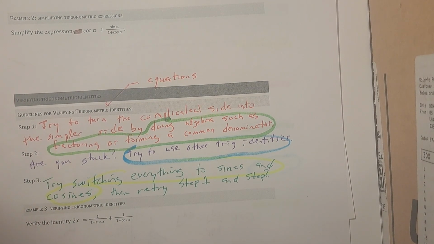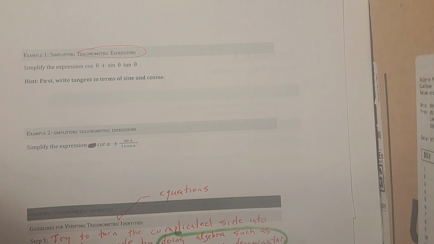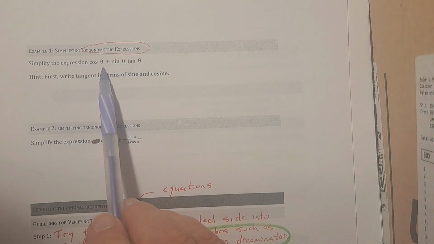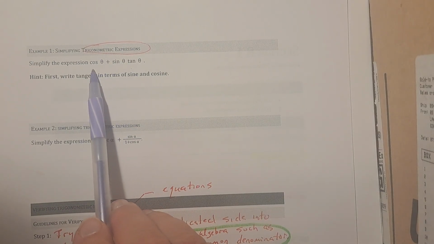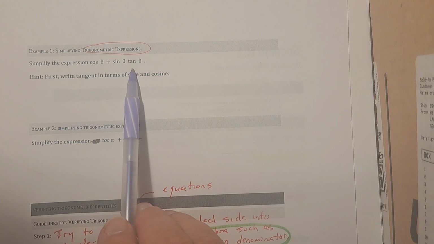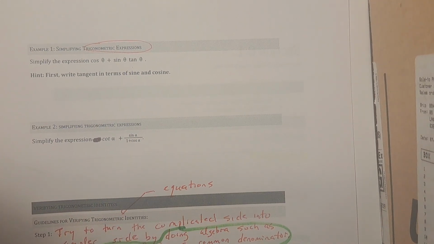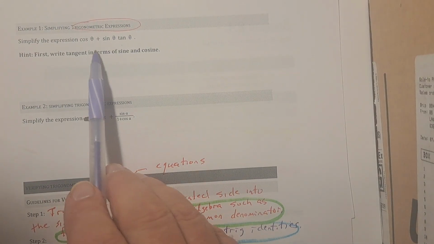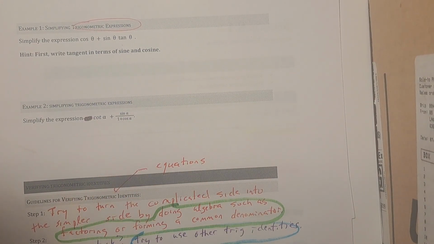All right, so let's try that on this guy. Now, this has no denominator, so there's no such thing as forming a common denominator the way it is. And also the way it is, nothing factors out.